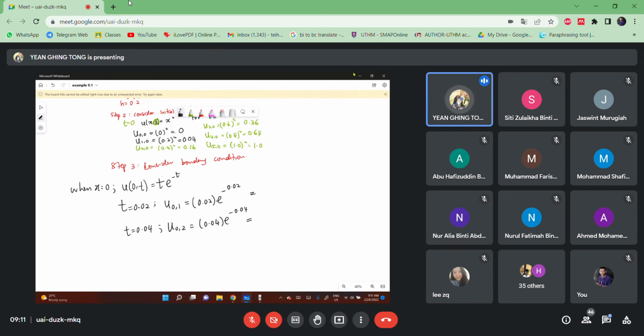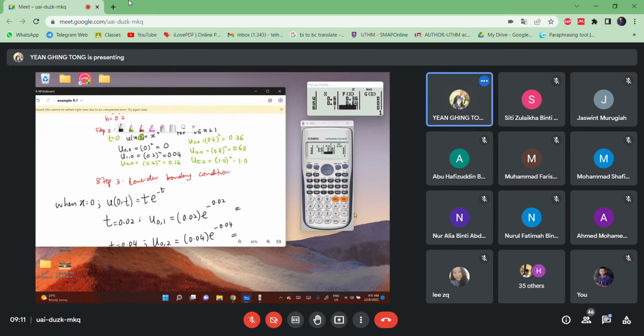So this is a value, and I just use a calculator. Maybe you can just use a calculator too. I put alpha t, so this one is t e to the power of minus alpha t. Okay, so I press calculate.